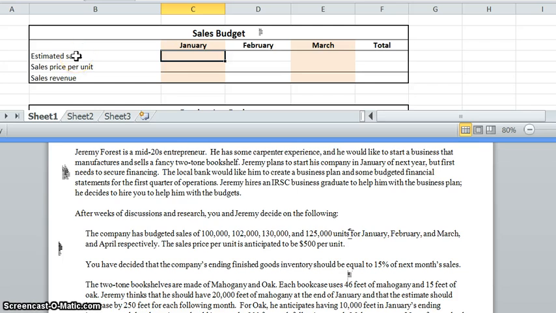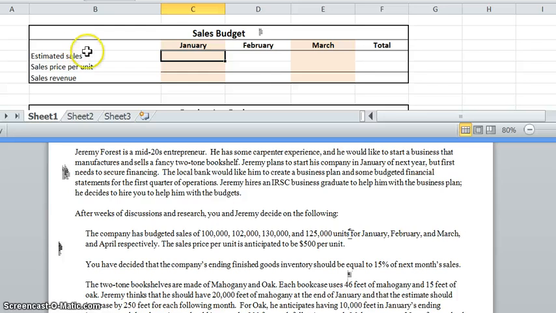They could end up calling it estimated sales in units, estimated units. The best and most important thing is to just understand things in general and not just memorize the wording as you go, because I guarantee you that just memorizing this wording and not really understanding how these budgets work and flow together, that's when you're not going to be giving yourself the full experience that you should be getting from this budgets chapter.